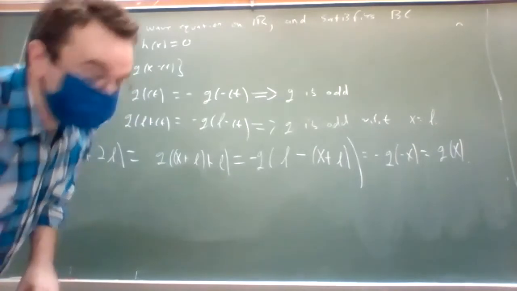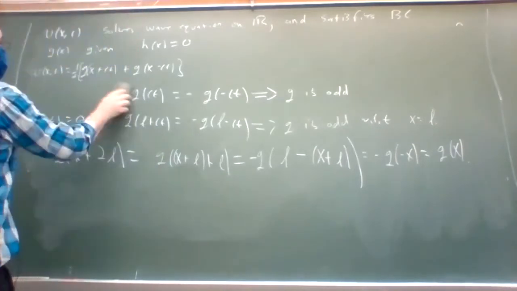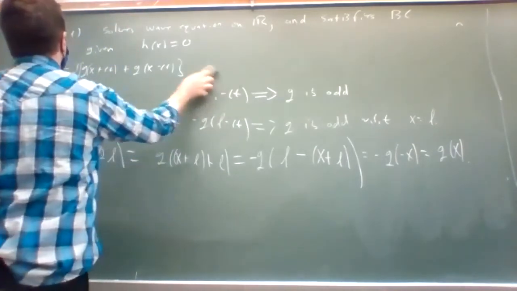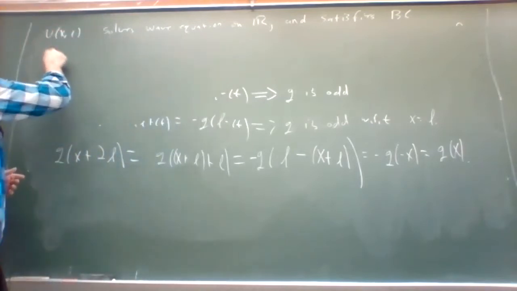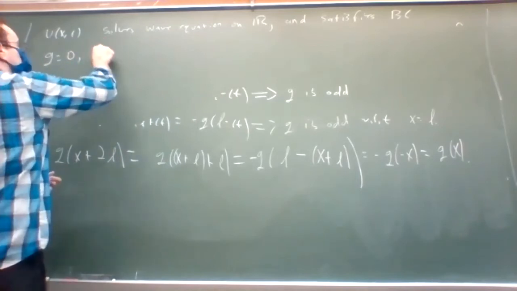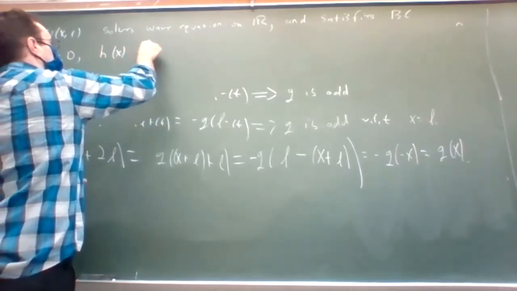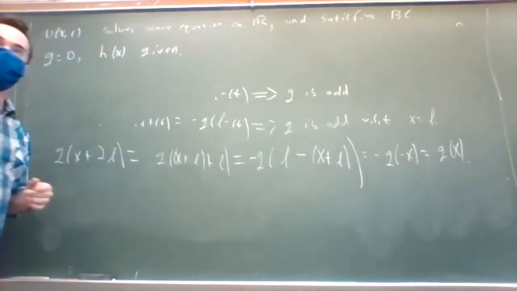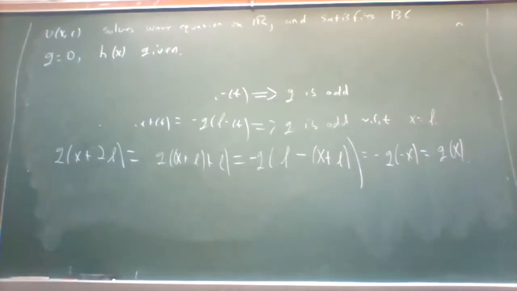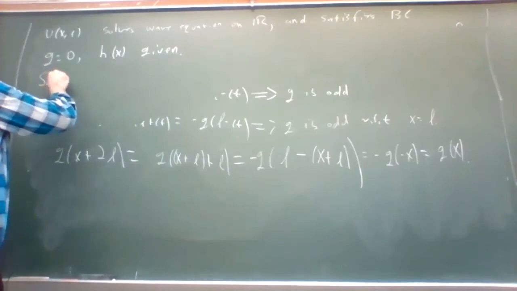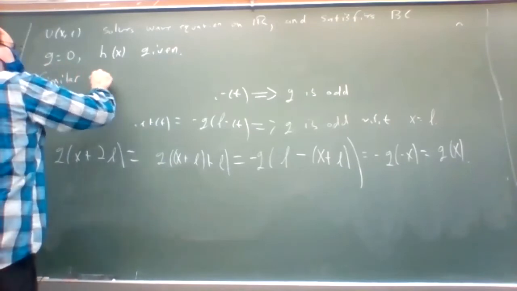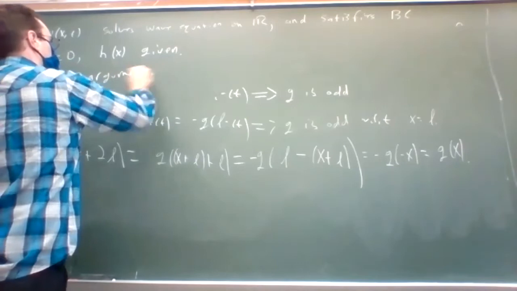So now, instead of doing the whole thing again, I'll just remark: if I take g equals 0 and I take h(x) given, then I'm going to ask you to do a similar argument.